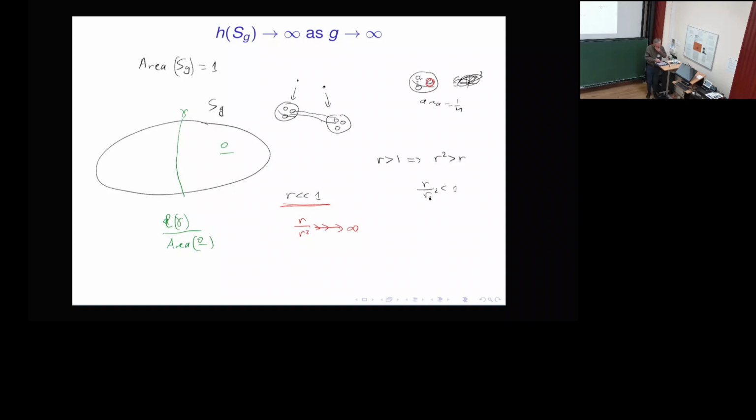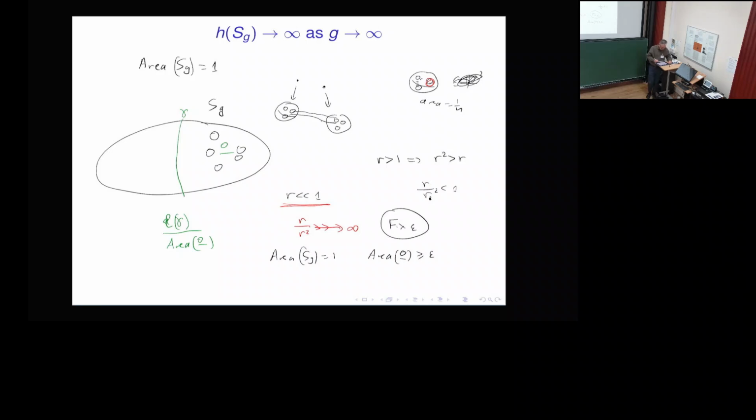Let's see. If omega contains entirely in its interior a lot of the spheres, it contains a lot of vertices. To bound the Ziegler constant, the area of SG is equal to 1, and I fix epsilon. I'm going to show that I cannot cut even a piece of area epsilon, so I want the area of omega to be greater or equal to epsilon.